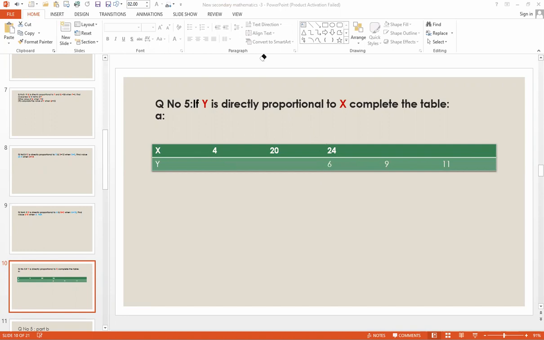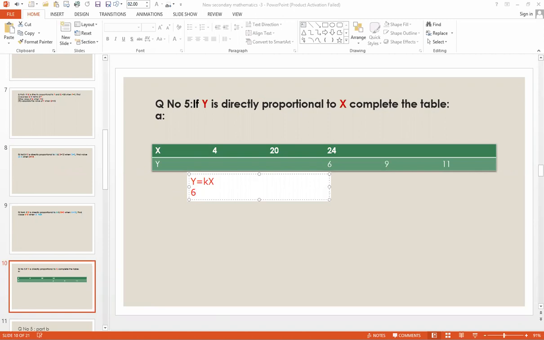So first I have to choose the color. I have to choose red color, and then I have to write this. So y is equal to kx, and the values of y and x we have to choose from the table. What is the value of x? 24, and what is the value of y? 6.